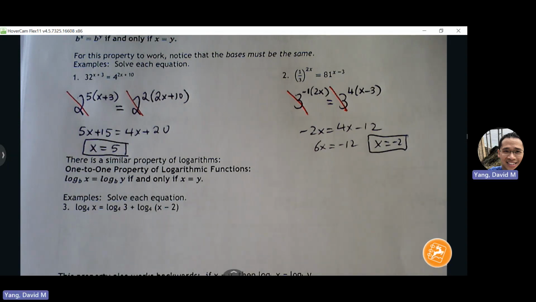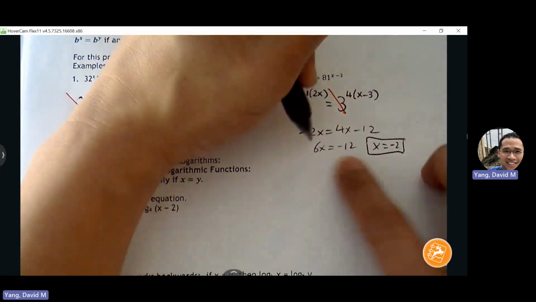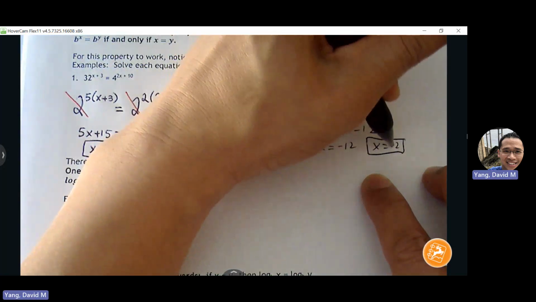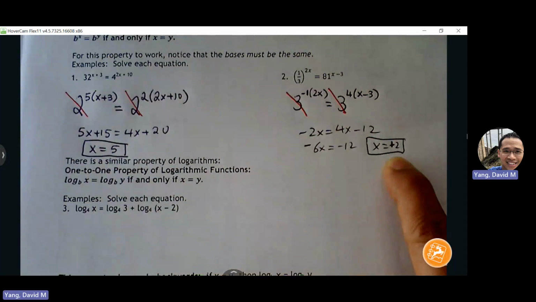You got 2x equals -4. Oh, x equals positive. Sorry, you're right. -6x. Sorry, +2. My bad. +2.